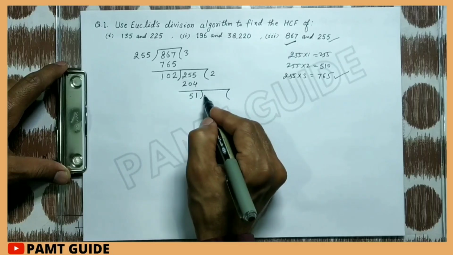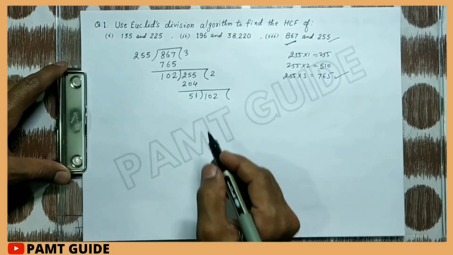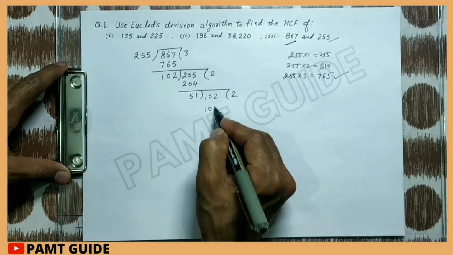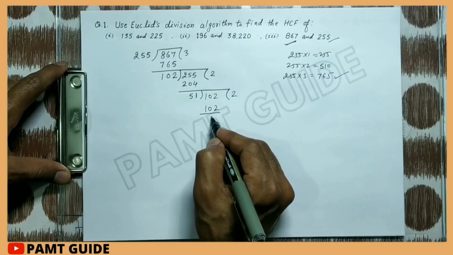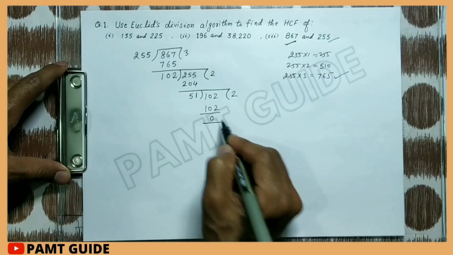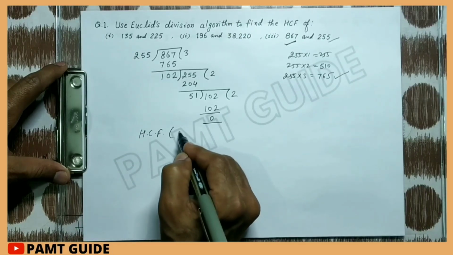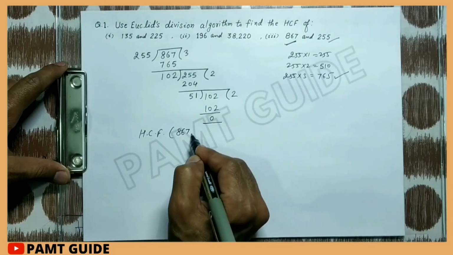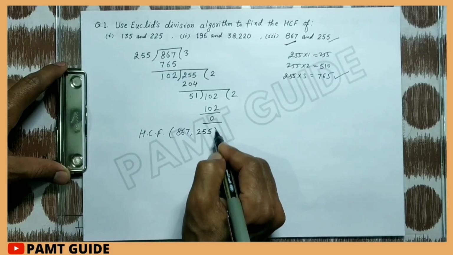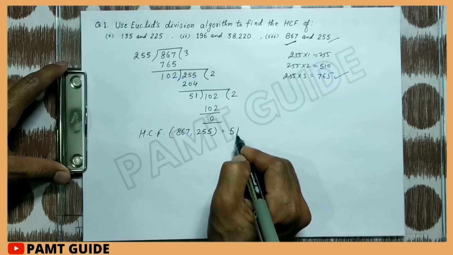And now we divide 102 by 51, 51 2s are 102, and at this stage we have remainder 0. So we can say that the HCF of 867 and 255 is equal to 51.